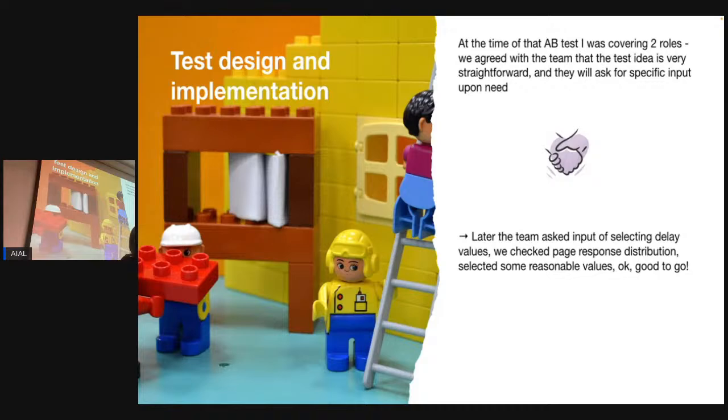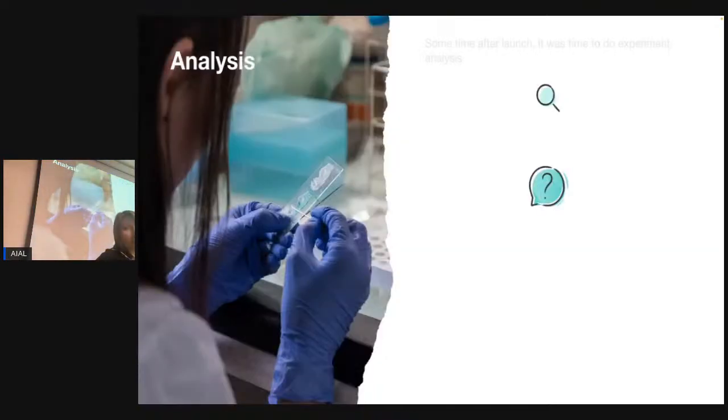We just look at distribution of the current page load times, and we selected some reasonable values. Okay, we're good to go. Test was launched. After some time, it was my turn to do the experiment analysis. So, okay, let's dig in.